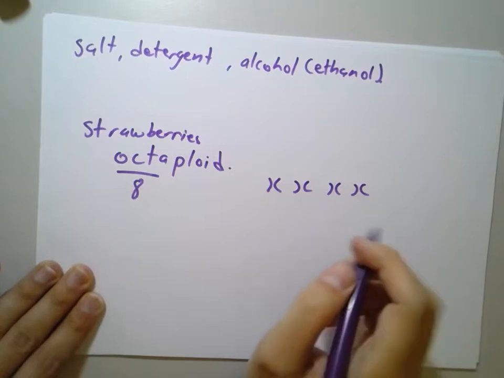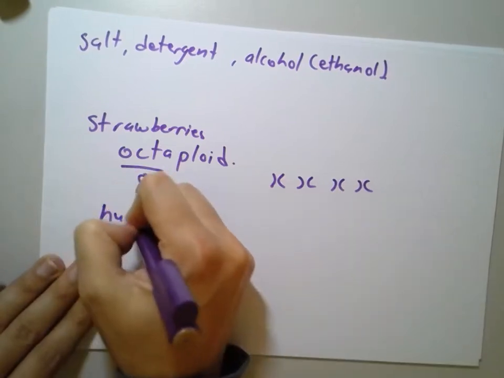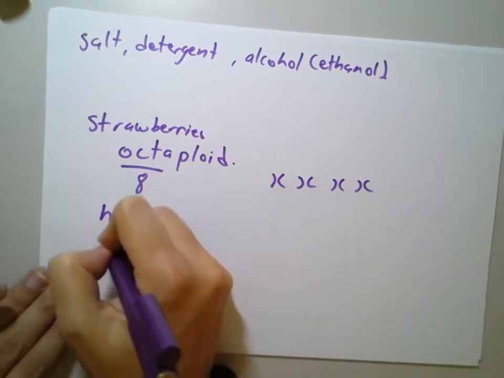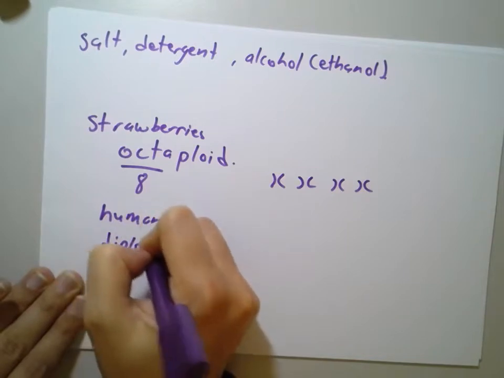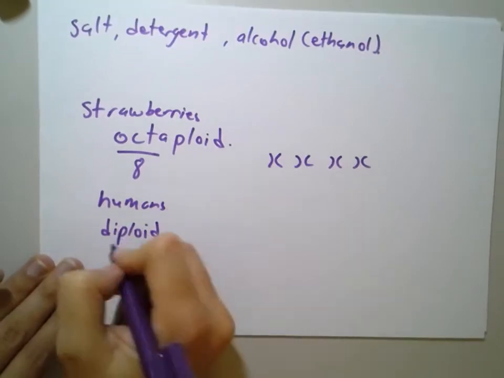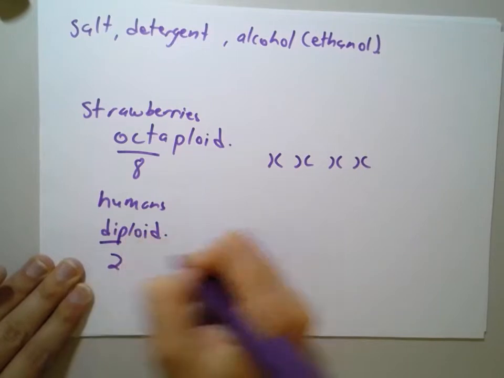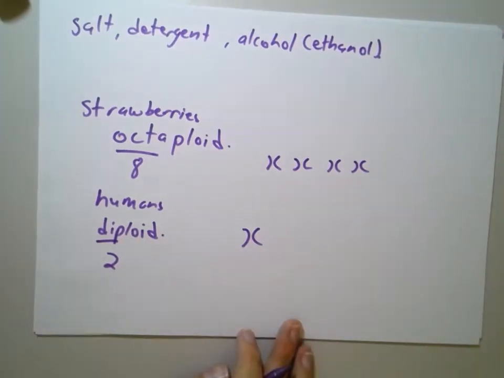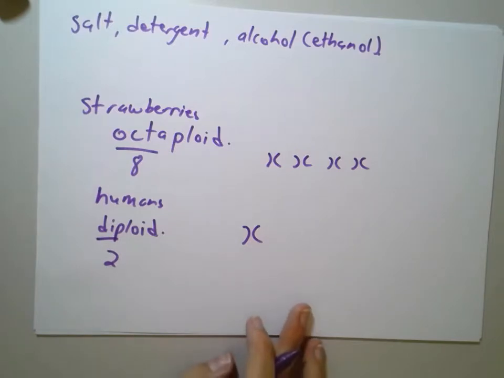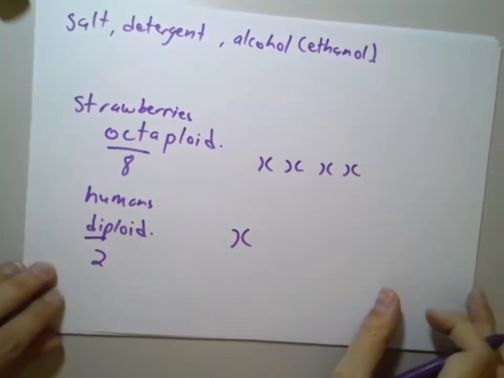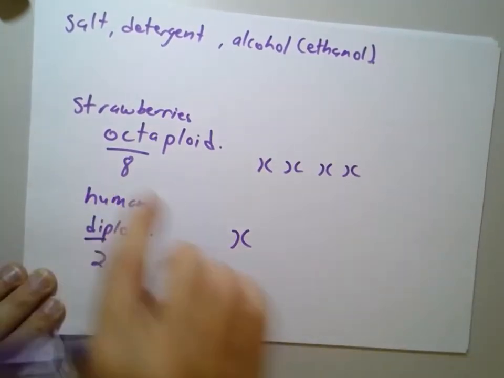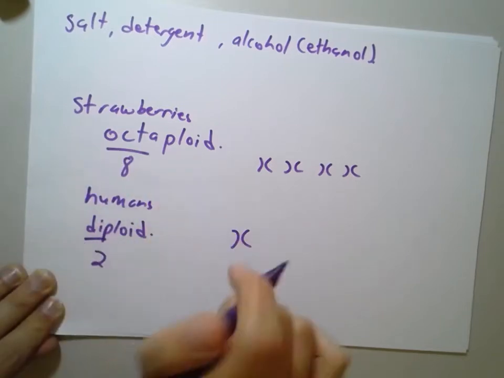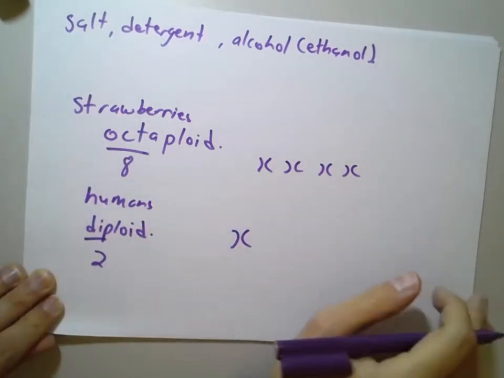Humans are actually diploid. Di means 2, so humans have 2 sets of chromosomes. We've already been through this in the other lessons prior to this one. So that's the reason why we used strawberries. They have a lot of chromosomes, a lot of DNA, and that was evident in our results.